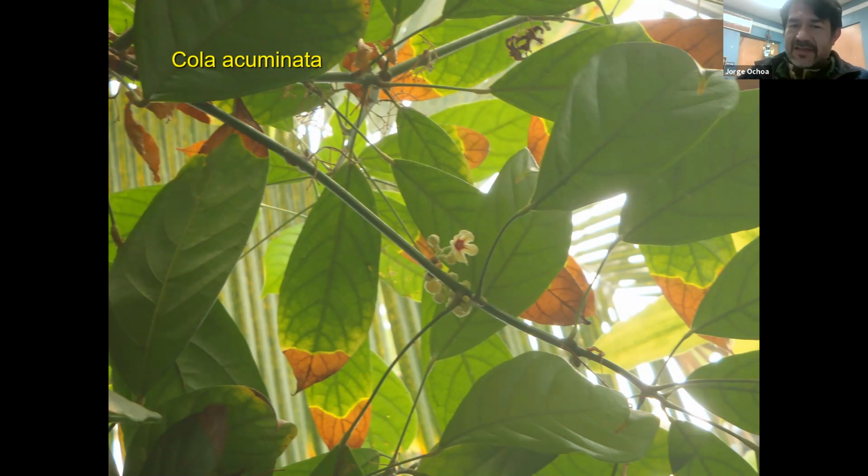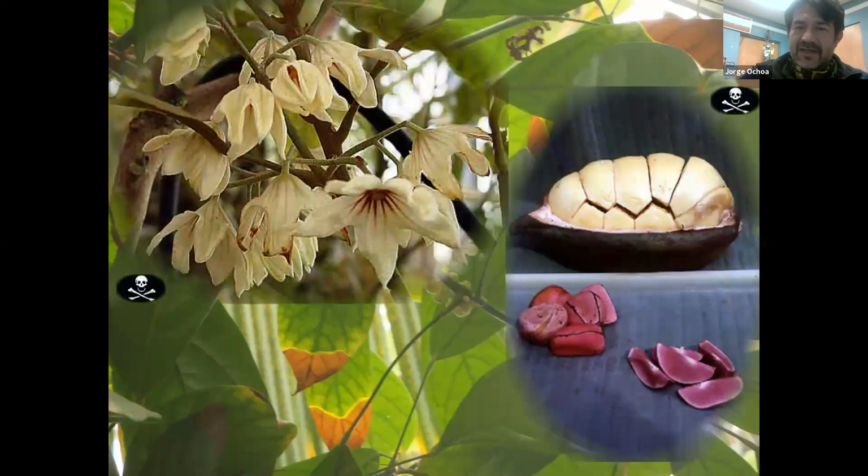So here we have the plant growing at the Huntington Library in their conservatory. So it's a little bit tender. I'm not sure if it's able to survive the winters outdoors here in Southern California. But Cola acuminata, from Coca-Cola, is another very important tree because it does have some good economic value.